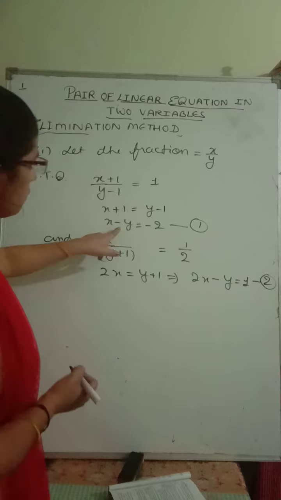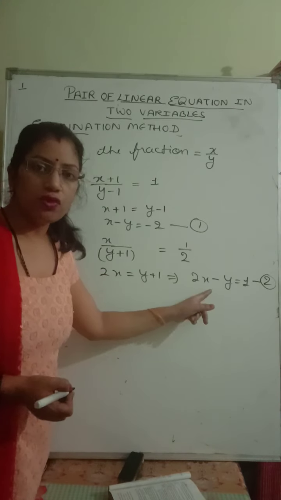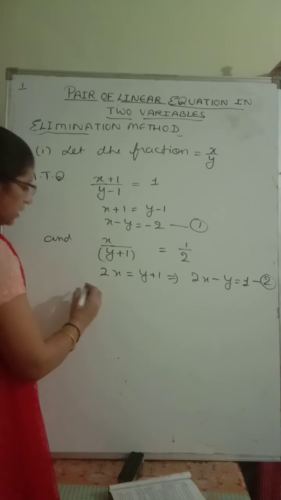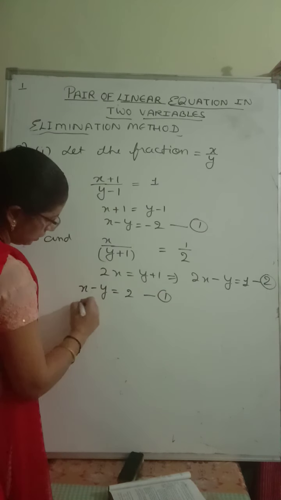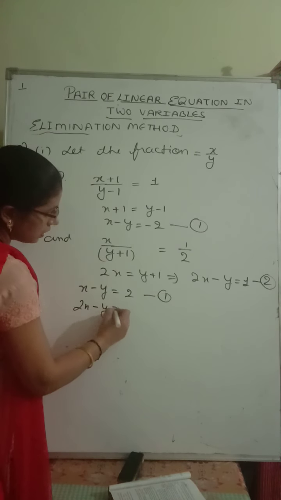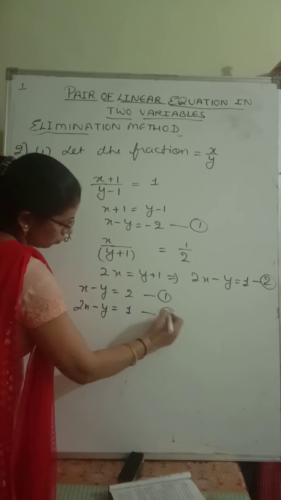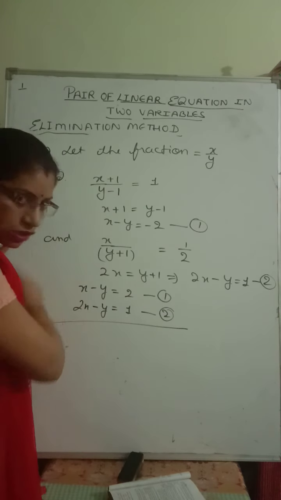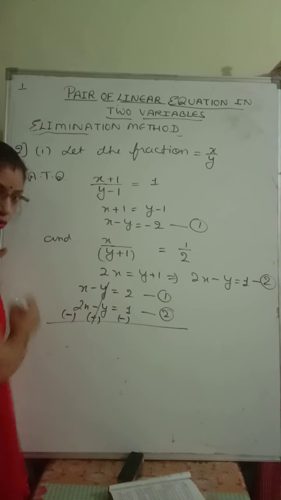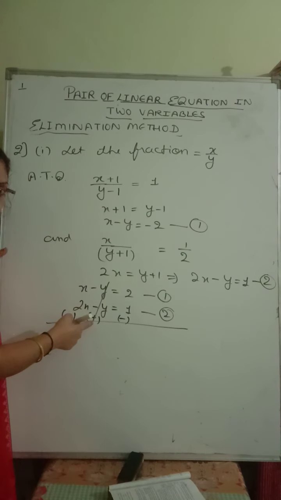So now equation number 1 and equation number 2 we have to solve by elimination method. Write x minus y equals minus 2 as equation number 1, and 2x minus y equals 1 as equation number 2. Eliminate करना है, तो these are minus and minus, तो एक plus होना चाहिए, so we will subtract the equations.